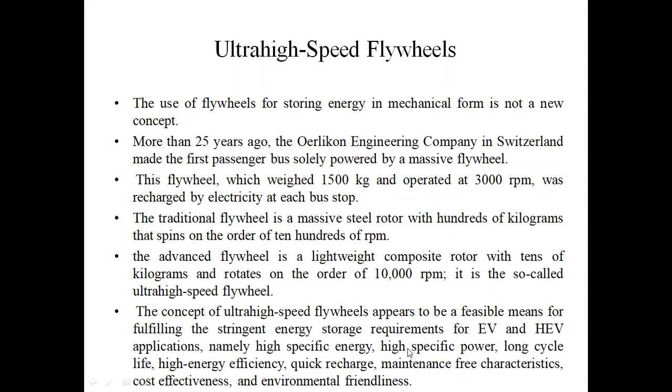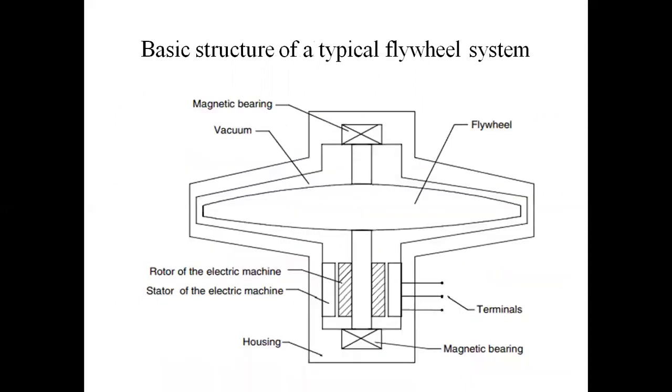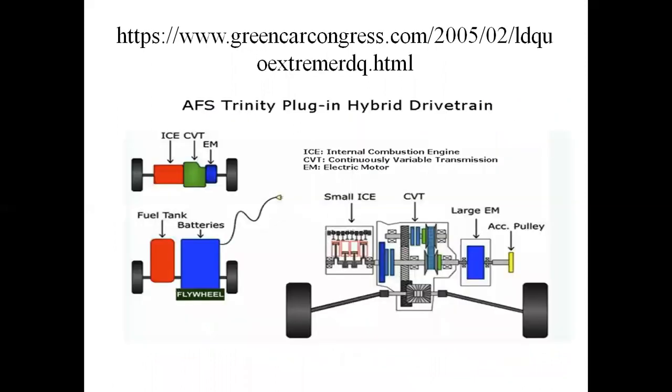These are the main advantages of this flywheel technology: high specific energy, high specific power, long life cycle, and maintenance free. This is the ultra flywheel circuit diagram. This is an example vehicle.